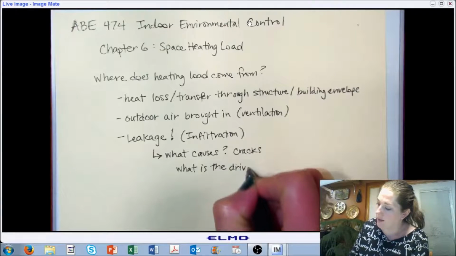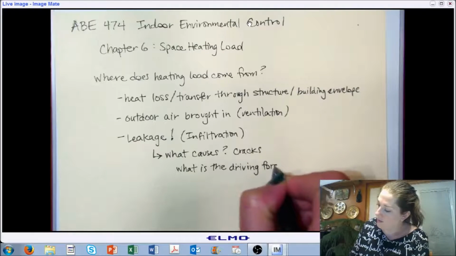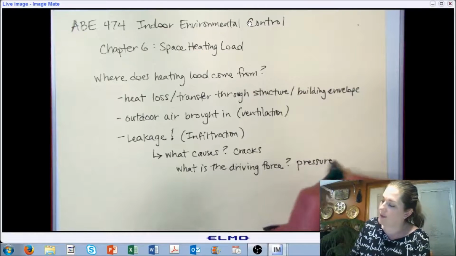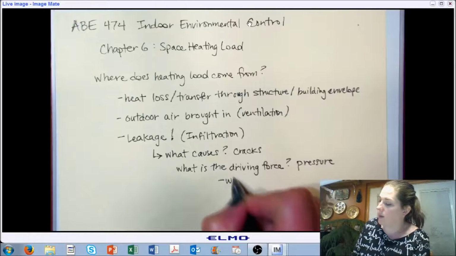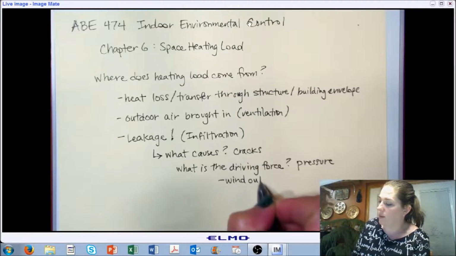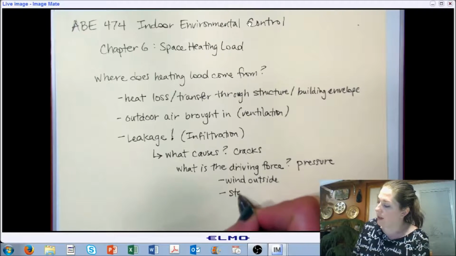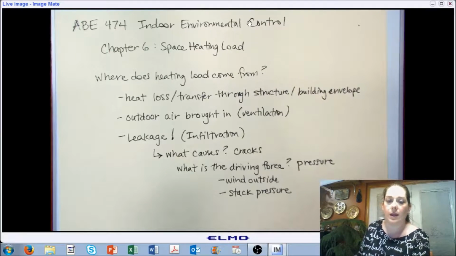And in the case of our structures, the driving force that's creating this pressure could be from wind that's outside the building, or stack pressure. It could also be related to pressurization of the building by our ventilation system.